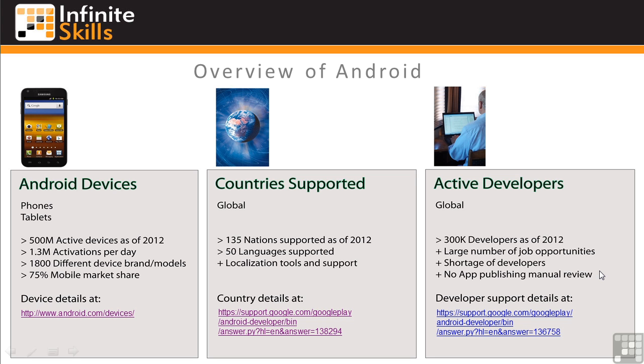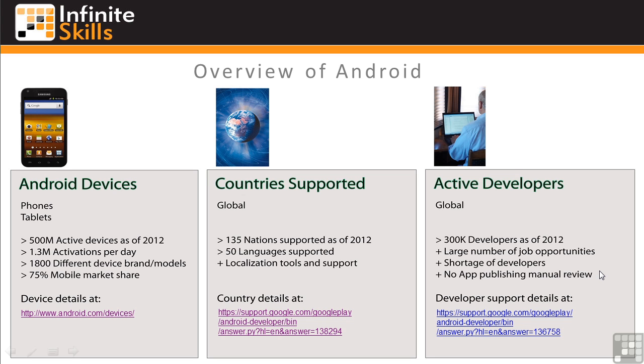The fact that there's no manual app review by Google during publishing means that immediately after you've uploaded your app to the Google Play Store, your app is available to hundreds of millions of Android devices and users around the world. Google trusts you to follow their rules and relies on app user reviews on Google Play to monitor app quality. This is a big motivator for developers to create quality apps.